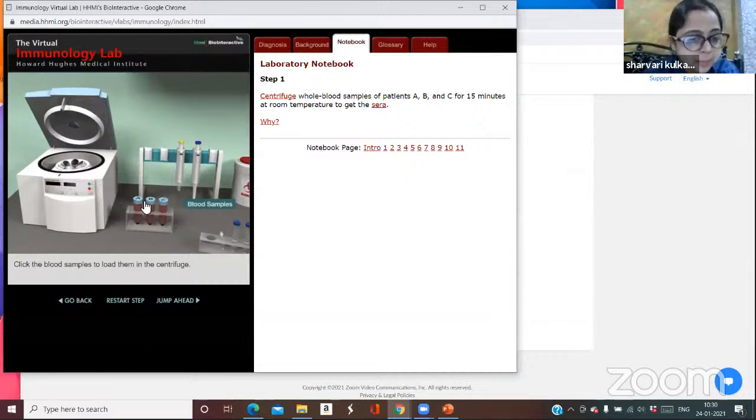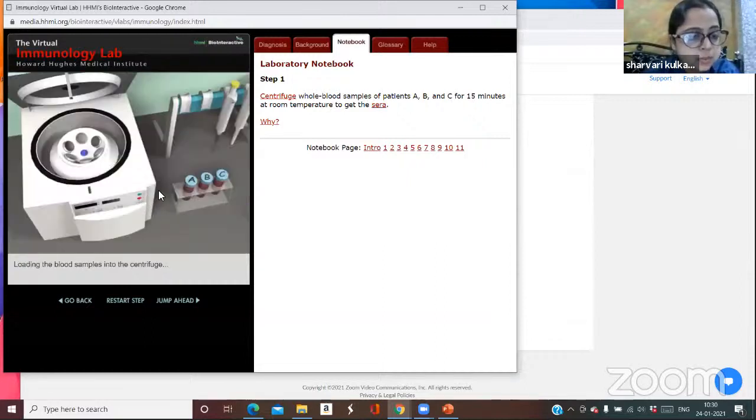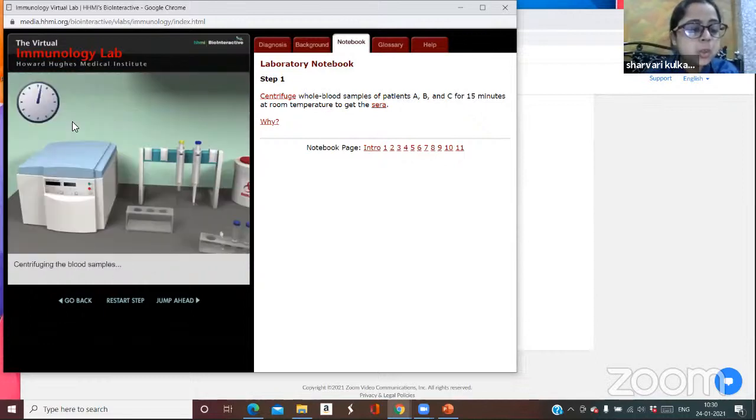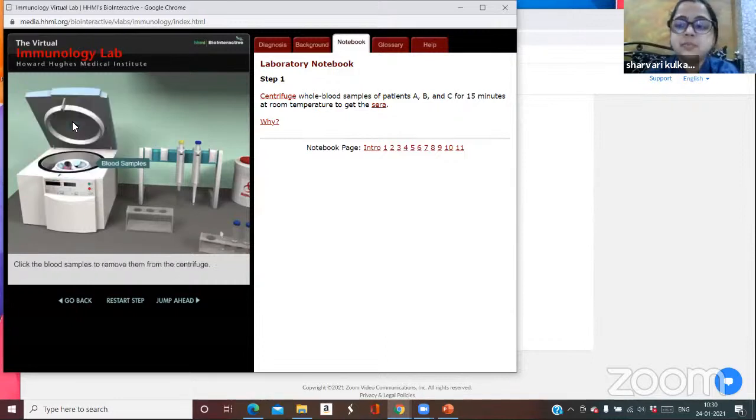Click the blood samples to load them in the centrifuge. Blood samples are loaded. Now we click the centrifuge lid to close and continue. Now our centrifugation is being done. Click the blood samples to remove them from the centrifuge. We'll click on the blood samples.